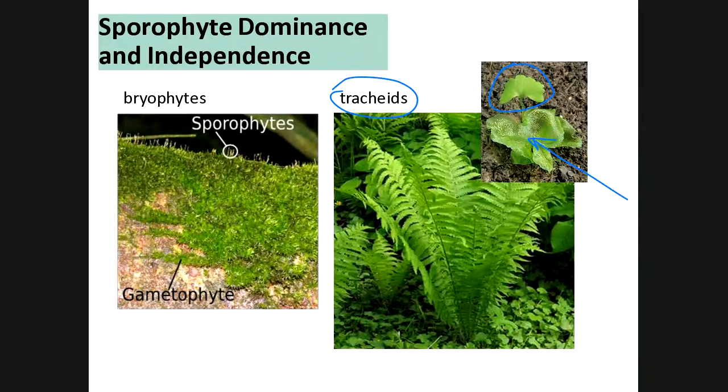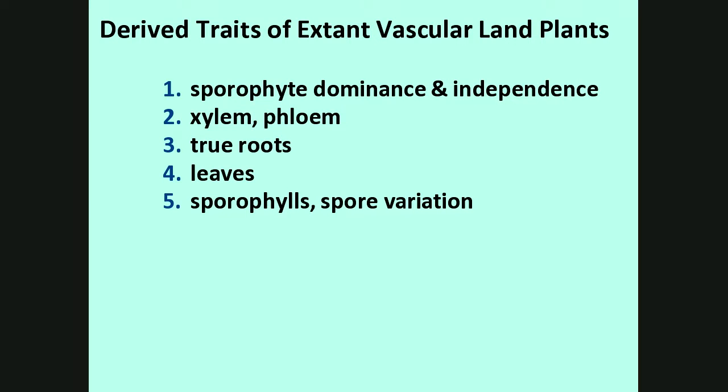We move from the gametophyte being dominant to now the sporophyte is dominant. It's not only dominant, it's also independent. In other words, it doesn't need to be nutritionally dependent upon the gametophyte for survival. Now, speaking of tracheids, the kinds of tracheids that were developed in these land plants were something we call a xylem and a phloem.